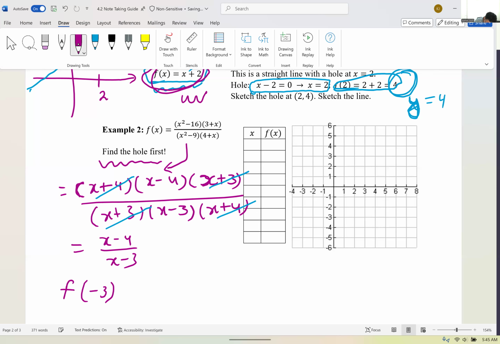So f of minus 3 and f of 4 has to be calculated. Because at those points, x plus 3 and x plus 4 cancelled, right? Minus 4, sorry. So f of minus 3 and f of minus 4 has to be evaluated, because at those values, your factors got cancelled out.